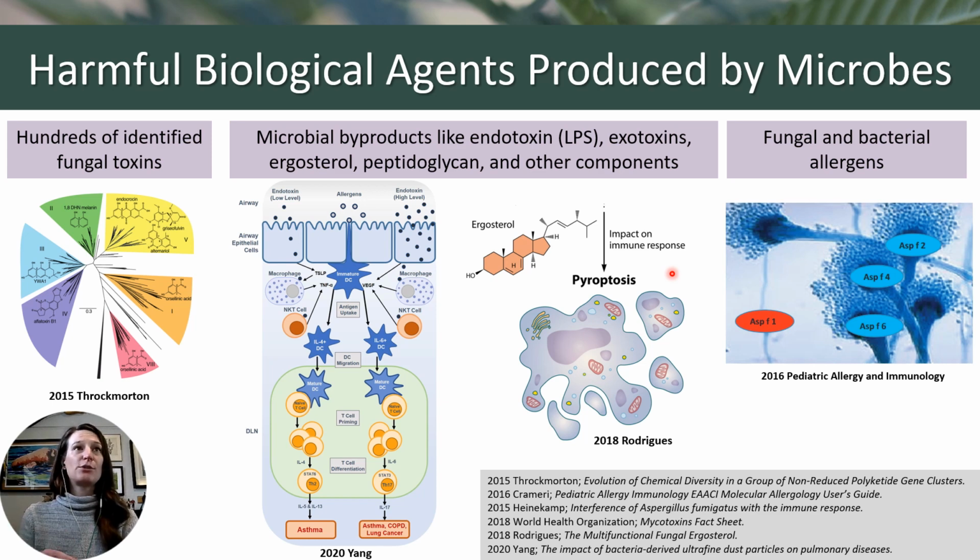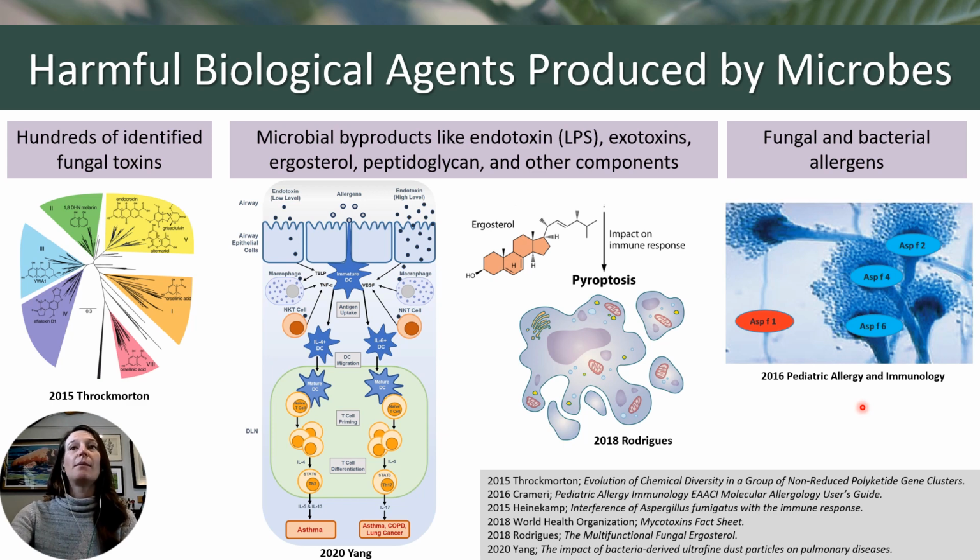In addition to the toxins, the microbial byproducts or these biological agents, we also have fungal and bacterial allergens. And these work by basically activating another branch of the immune system, very similar to if you have a bee sting allergy or a peanut allergy.